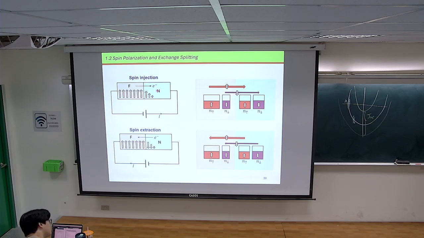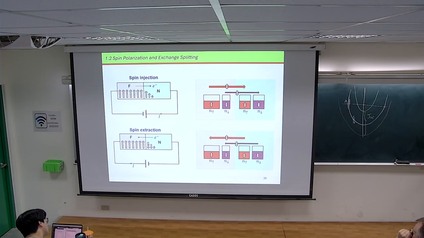So you get the spin down polarization here in the normal region. This is called spin extraction. I'm just extracting the spin up from the normal region. In the other case, I was injecting the spin up into the normal region. All right? So again, this is a spin polarization that is generated in a non-equilibrium situation. You need to pass the current. No current, no spin injection, no spin extraction.